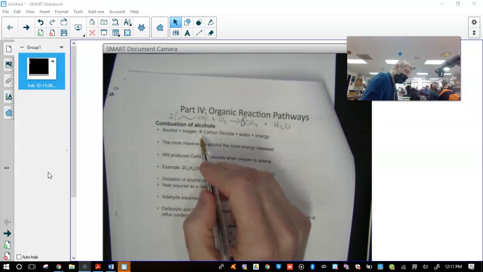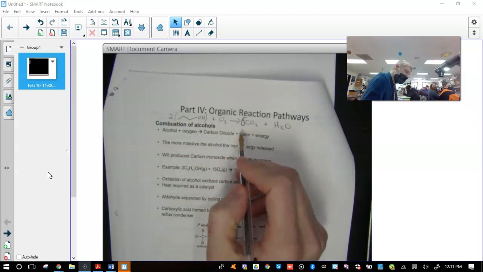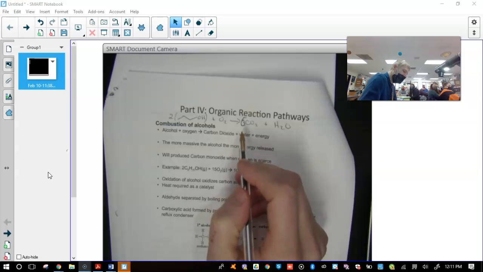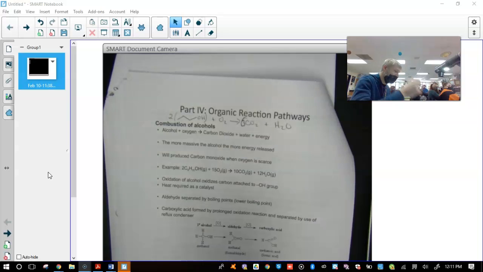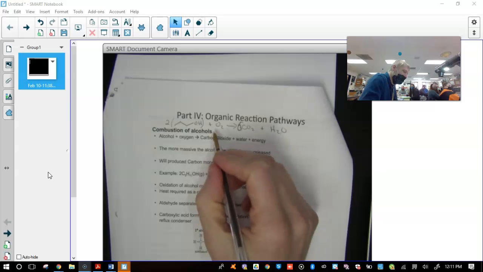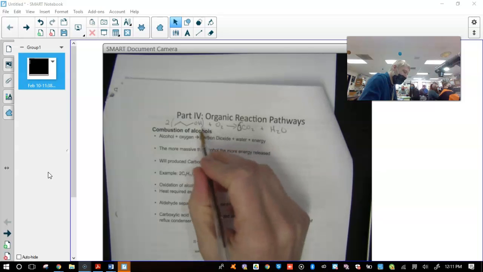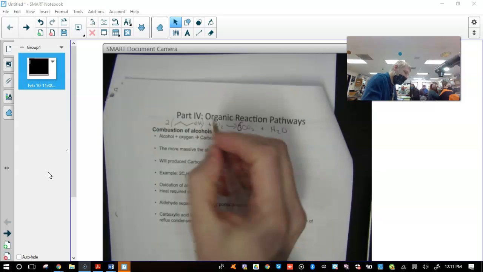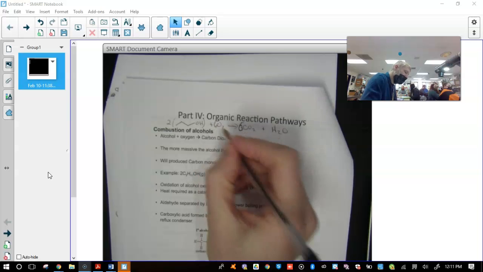And we're going to need 4 oxygens. Oh my gosh, I'm going to have to rewrite all of those coefficients. Are we good? Oh, perfect. There we go.